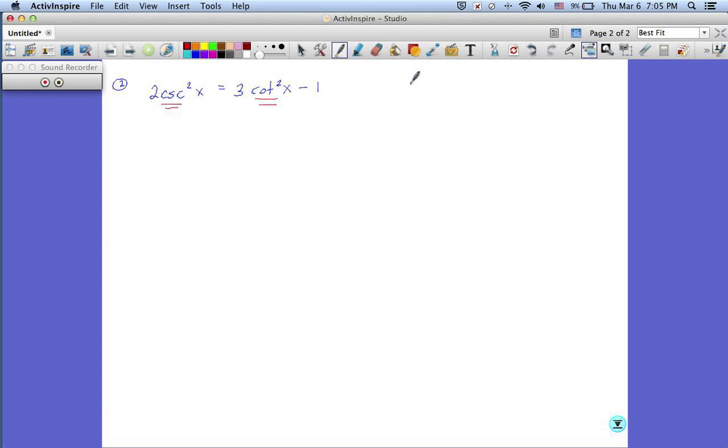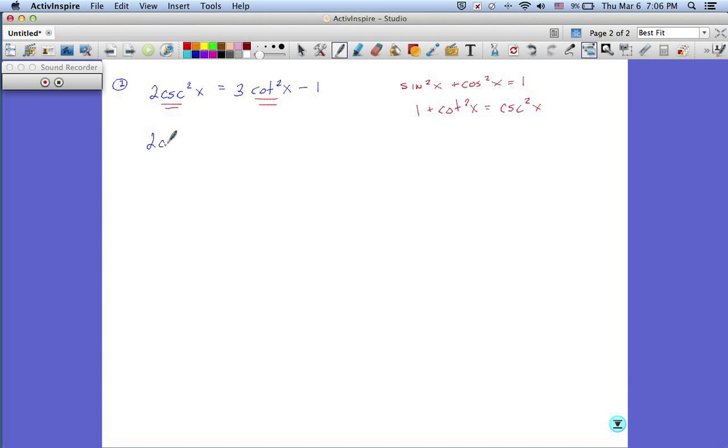So I think to my Pythagorean identities, I know sine squared plus cosine squared equals 1. And I know I get the other ones from dividing by sine squared or dividing by cosine squared. Since this is cosine squared over sine squared, I'm going to divide everything by sine squared, and I get 1 plus cotangent squared equals 1 over sine squared, which is cosecant squared. So I'm going to replace cotangent squared.